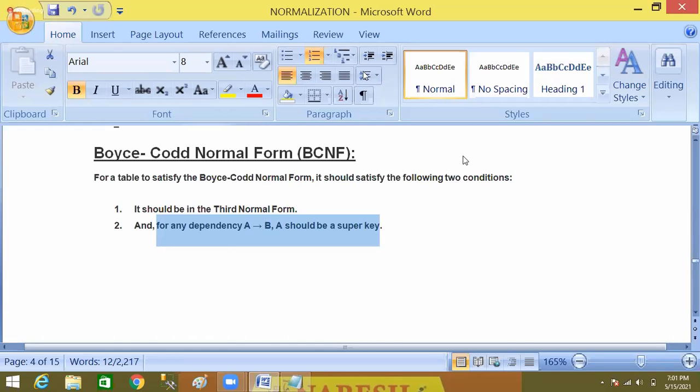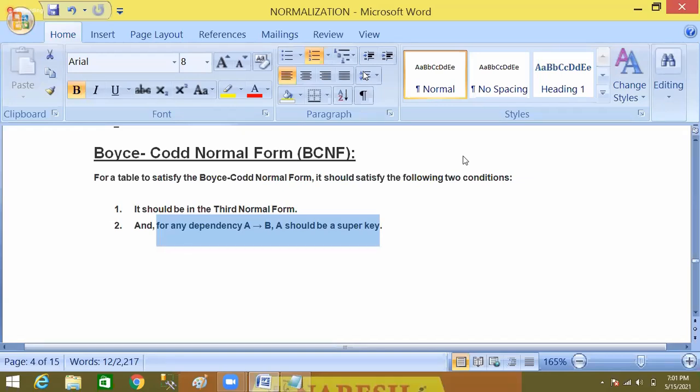The second is that for any dependency A depends on B, A should be a super key. Suppose B depends on A, then B should be a super key.